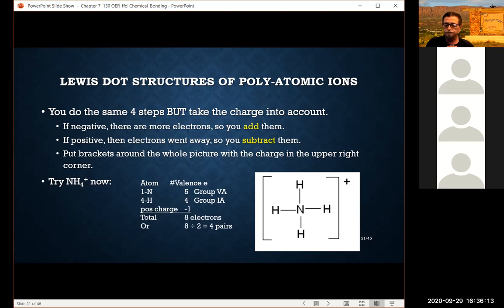Okay. Does that make sense? So that's a flag. So if you got too many electrons or not enough, then go back and check your math. Someplace, somewhere, something went amok. All right. Okay.